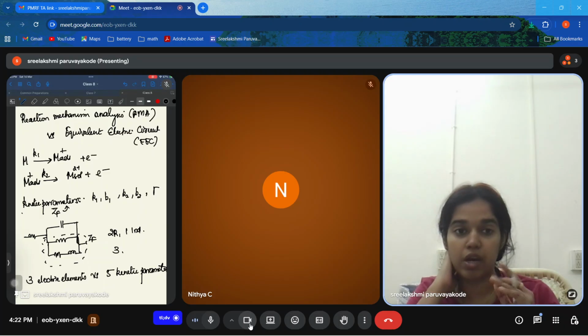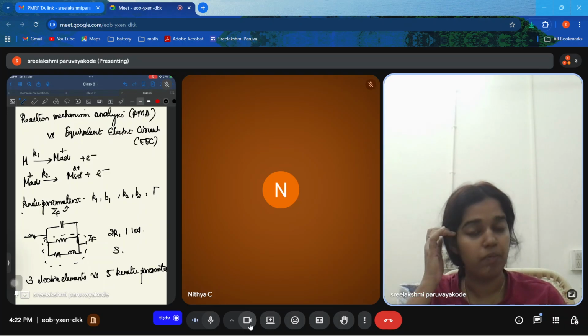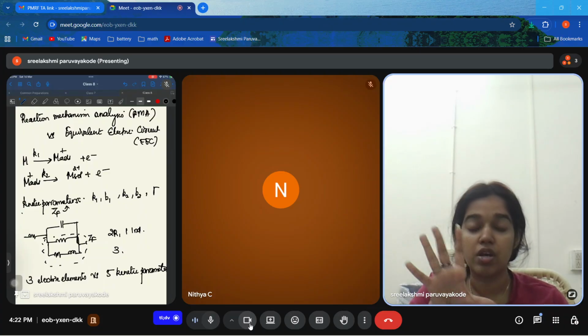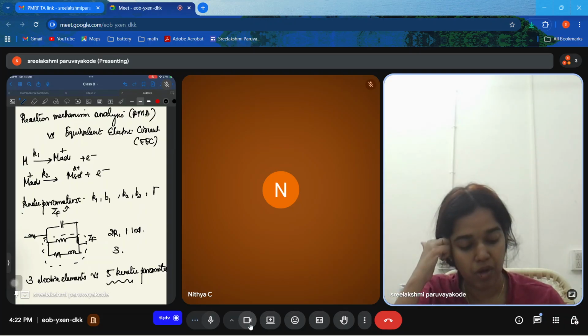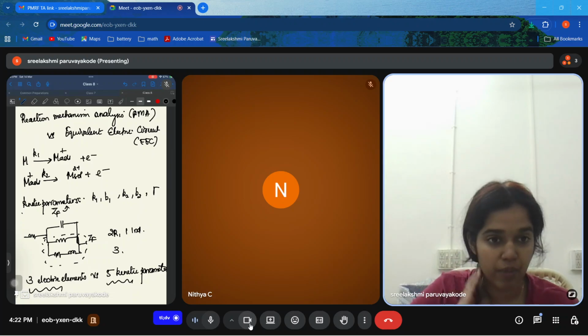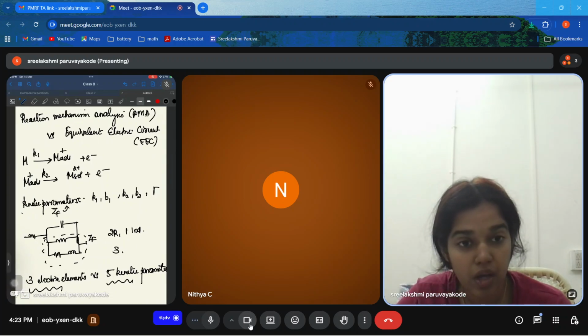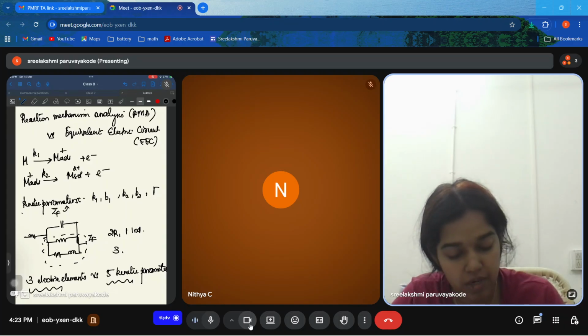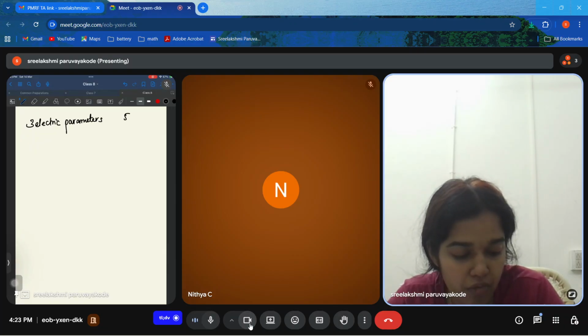When we are modeling it, first we try to fit it to a circuit using Z-view software or something, and we get the parameters. Now we're trying to model it using a model we're proposing, where it will have five kinetic parameters. Here you have three electric elements and five kinetic parameters. Now consider a case. Once again I'm writing: for the same model, I'm using three electric parameters and five kinetic parameters.